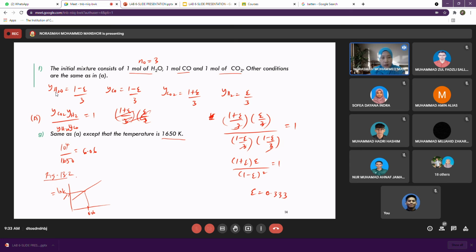Yang ni dalam lecture notes last week. Okay, ln K minus 1.15. Okay, so K dapat exponent ni 0.316. Dapat tak?